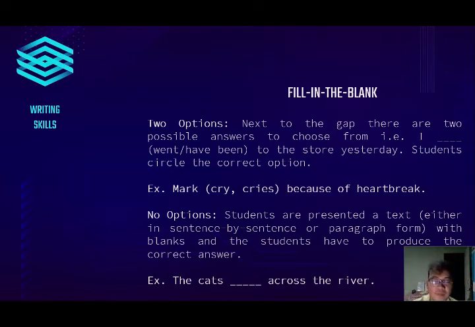So we have here an example. I blank went or have been to the store yesterday. Students will circle the correct option. Another one, Mark cry or cries because of heartbreak. The students will just underline or encircle the correct answer. This is a way of controlling the students to more specified options.